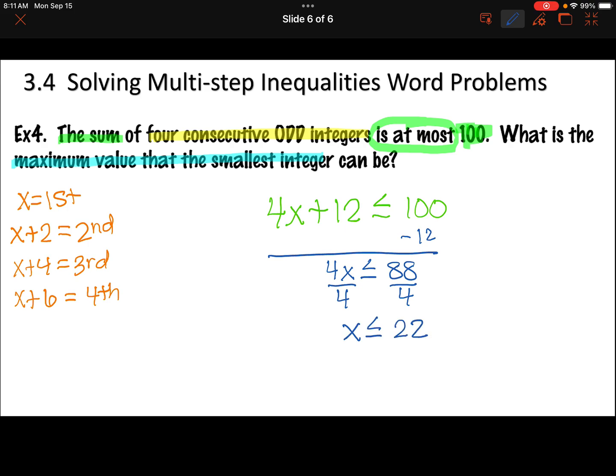Okay, so because it says or equal to, we could use 22. However, we are looking for odd numbers, and 22 is not odd. So that means the biggest odd integer that x could be would be 21. So the smallest integer, which is x, is at most 21.